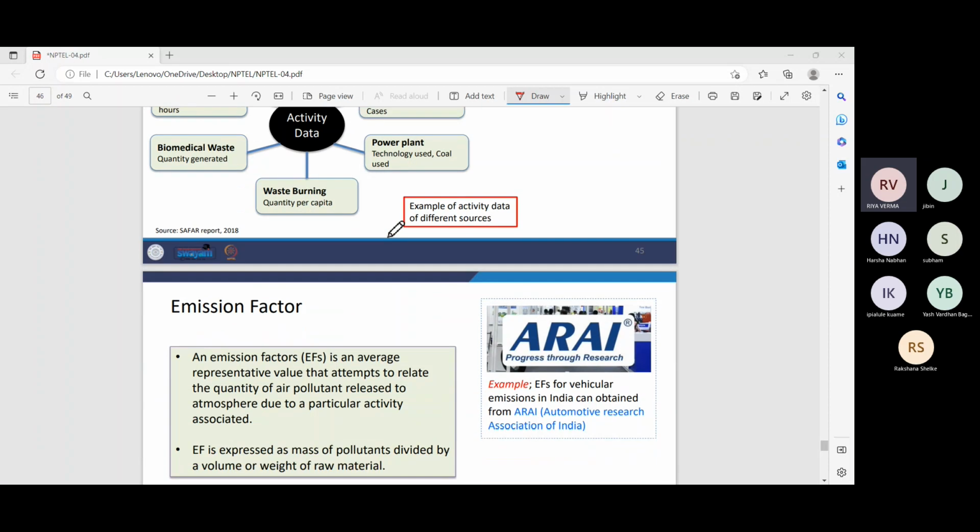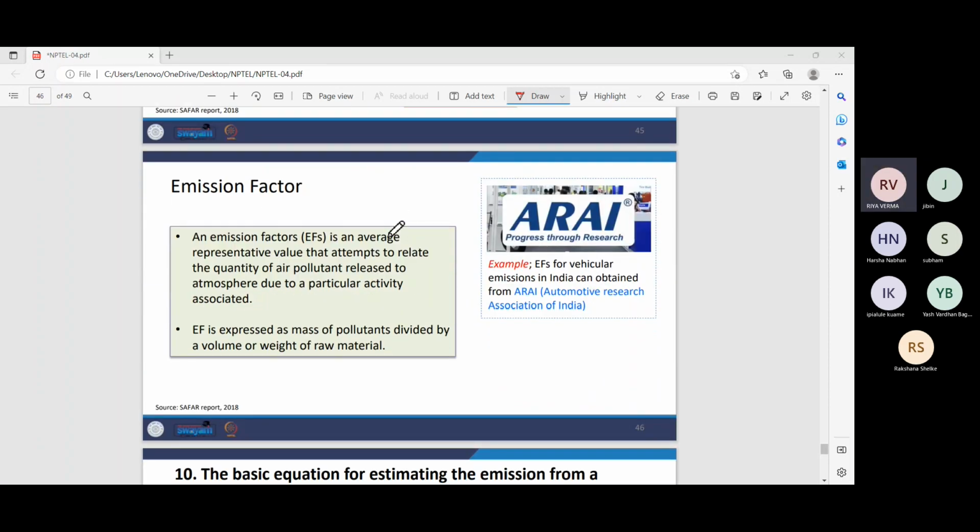Then your emission factor. There are some standards that have been set, or some manuals that are given, for the emission factor of different types of sources. So what is an emission factor?